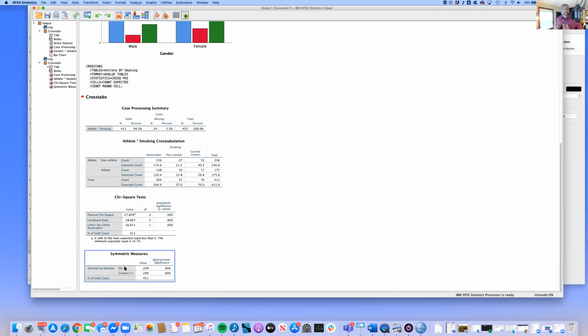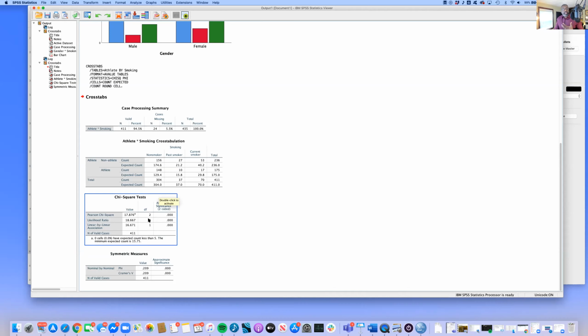But our initial question, or our null hypothesis, was that there is no relationship between athlete status and smoking status. And what we see here is not only are the expected counts and observed counts different, we see here where the significance level proves that this model is statistically significant.